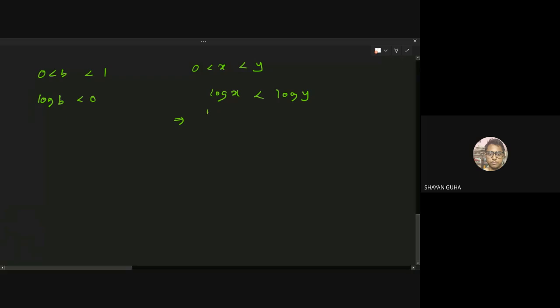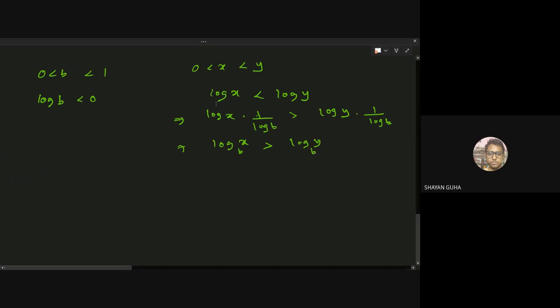So I can write log x times 1 by log b, and since I am multiplying with a negative quantity, the sign will change, and here we will have log y times 1 by log b. So ultimately this gives me log x base b is strictly greater than log y base b.